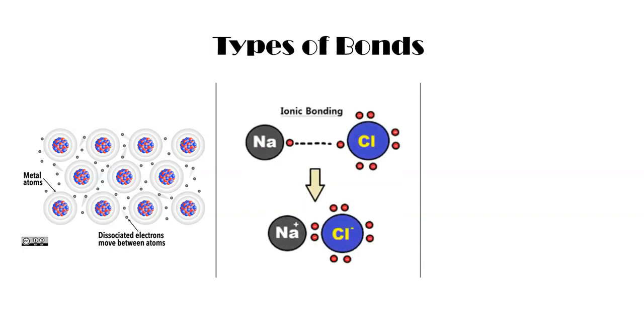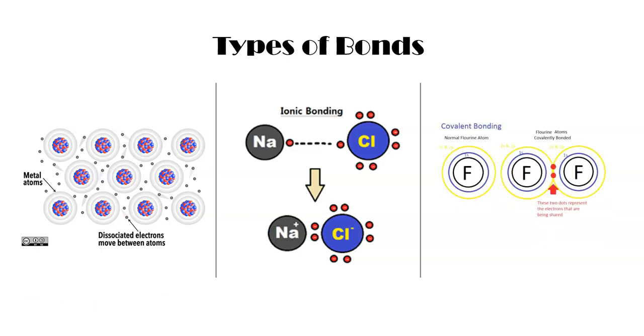We've got our ionic bonds, and what happens with our ionic bonds is a metal gives away its valence electron or electrons to a non-metal, then the metal ion becomes positively charged, the non-metal becomes negatively charged, and there's a force of attraction between them, that static attraction between them, so they are bonded.